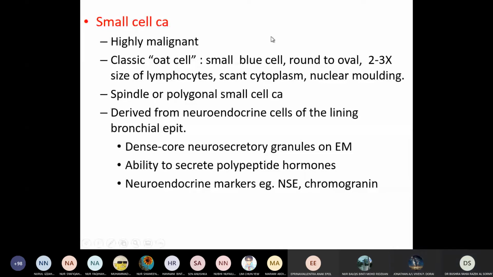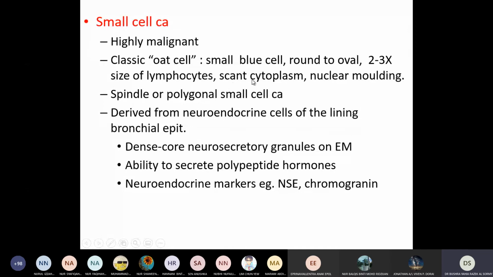Yes. For small cell carcinoma, usually the small cell carcinoma is highly malignant. We call the classical one oat cells. It's like oat cells, oat, small, very small, or small blue round cell tumor. It is round to oval, about 2 to 3 fold the size of a lymphocyte.